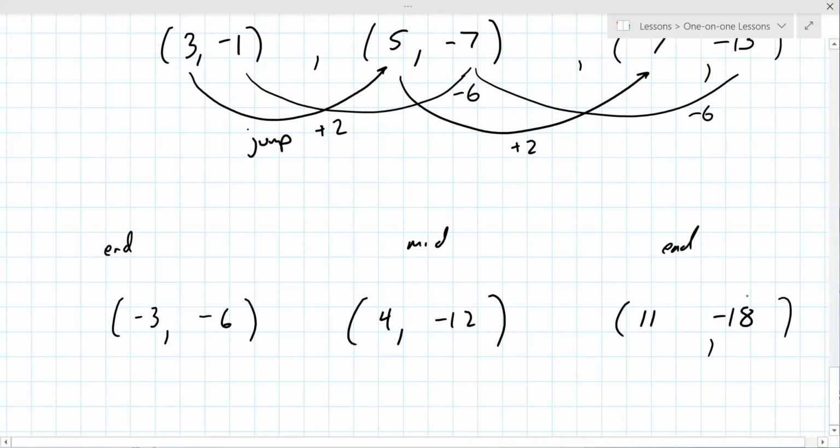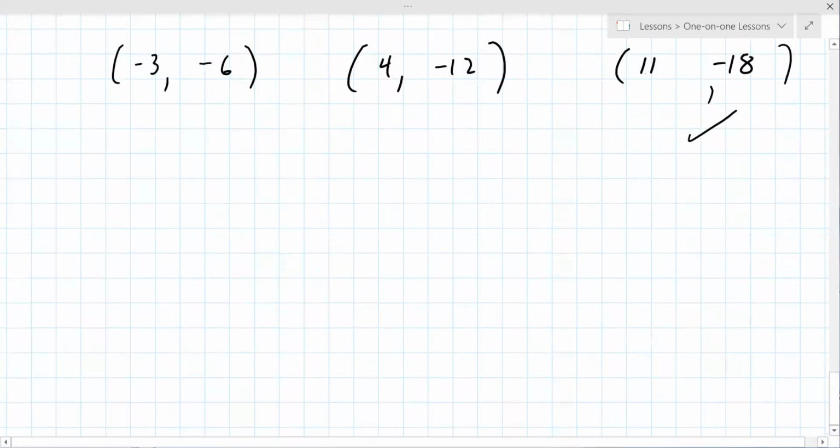Okay, so all I'm going to do here is add these up. 11 and -3 is 8, divided by 2 is 4. -6 and -18 is -24, divided by 2 is -12. So that works great. Cool. Okay. All right. We can make these more difficult.